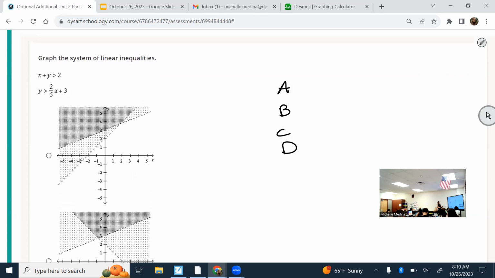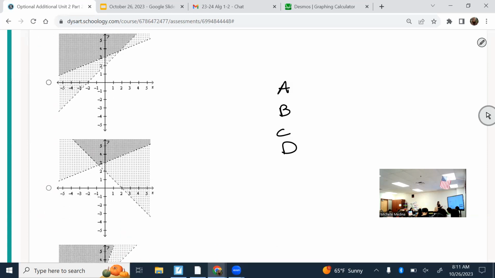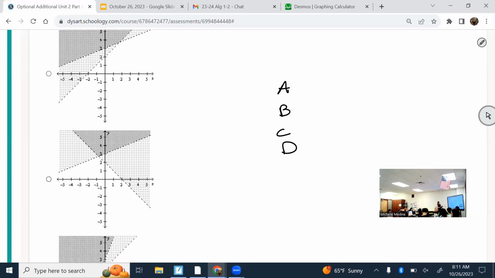So the slope was 2/5. So that means from the y-intercept, you'd be going up 2 to the right 5. Is that touching the line? What my mouse is, I know it might be hard to see. So can't eliminate A. Over here, going up 2 to the right 5.